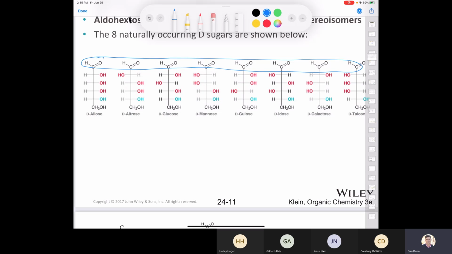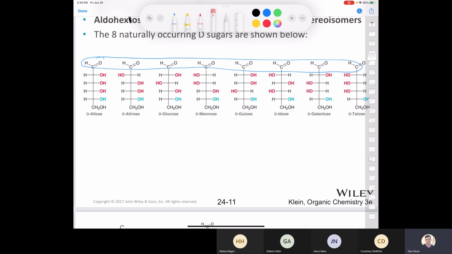Remember what meso is? It's when you have a plane of symmetry, right? Like let's say we have cyclohexane like this, and we have 2 stereocenters, but we have a plane of symmetry like this. This is a meso compound. So overall, the compound is achiral.